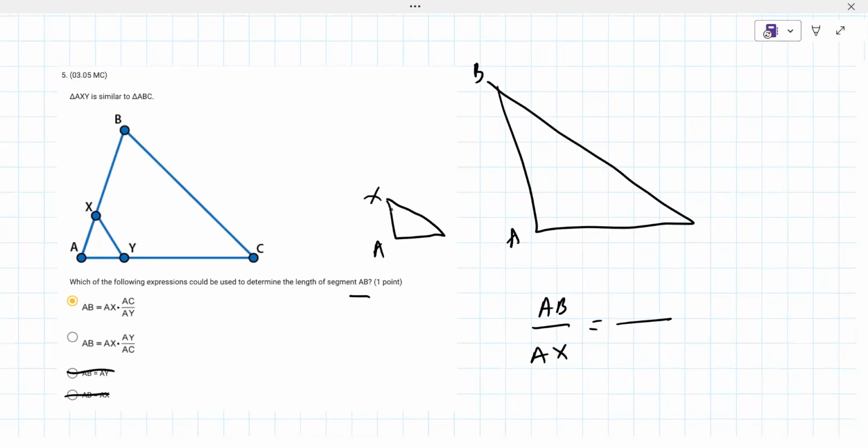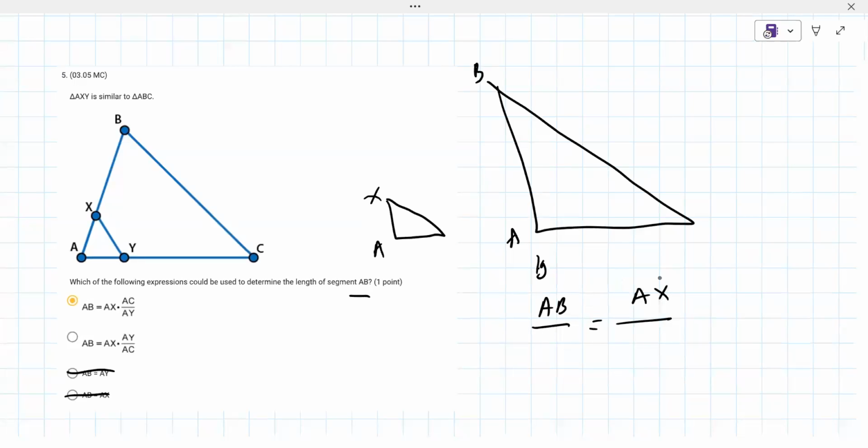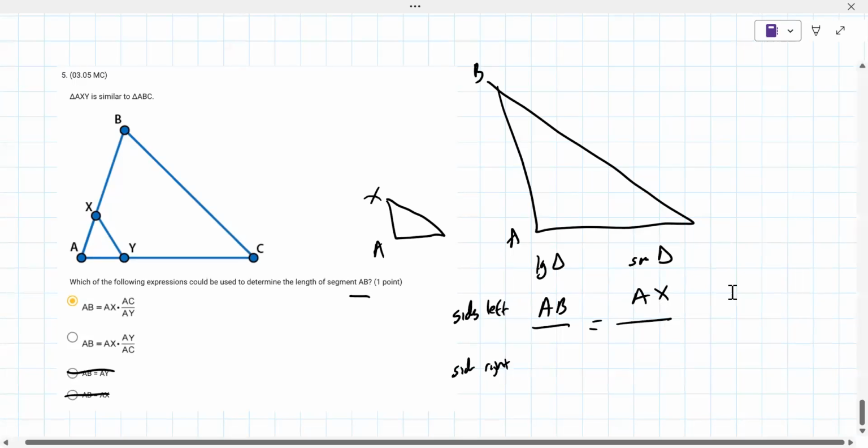Okay, but you've got to be careful here. You notice I've been doing this where I'm putting this as the large triangle, and it's now going to be the small triangle. And then it's like sides left, sides right. So AB is the left side of the larger triangle. AX is the left side of the smaller triangle.